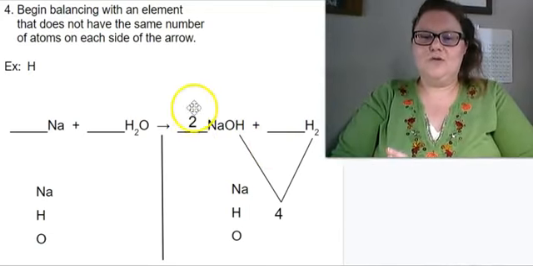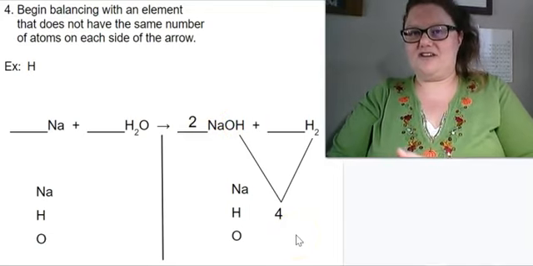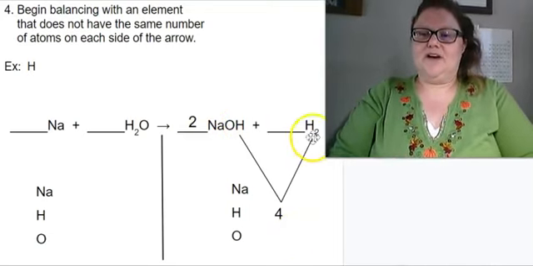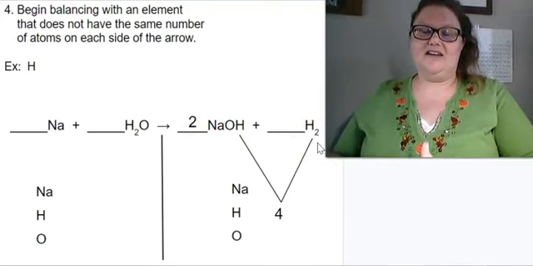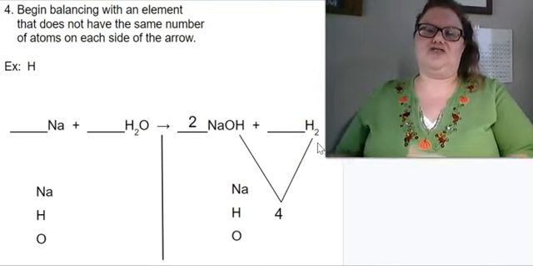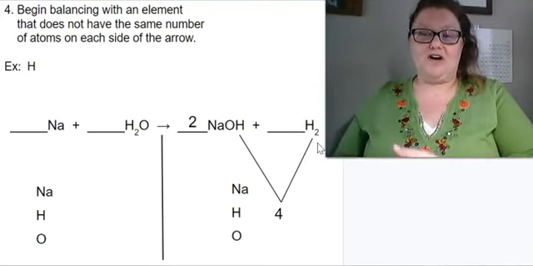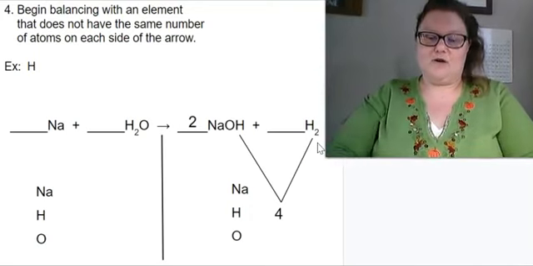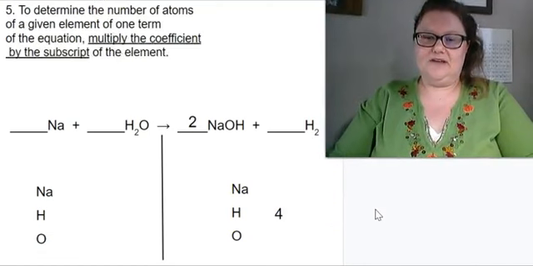So the 2 will go to the sodium, the 2 will go to the oxygen, and that 2 will go to the hydrogen of the sodium hydroxide formula. The hydrogen over here is not affected, but we need to include it in our recount of hydrogen on the product side. So now our total of hydrogen on the product side is 4. So I have a 4 now down here next to the symbol for hydrogen.